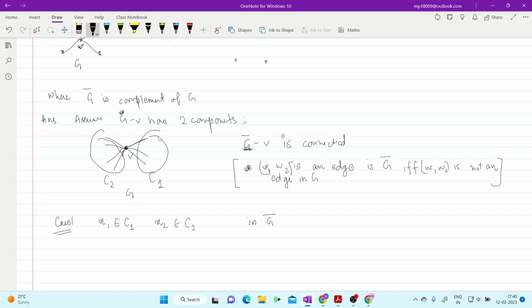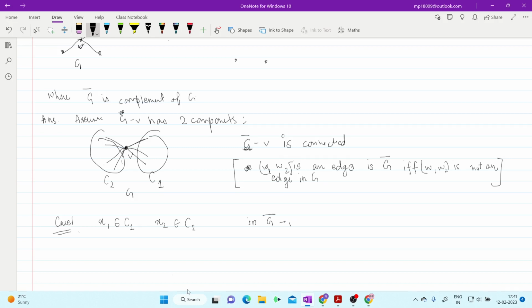We have to show that G bar minus V is connected. G was a graph in which V was a cut vertex, that is, after removal of V, this graph was getting divided into two components, C1 and C2. Now we are trying to show that G bar minus V is connected, so if we pick any two vertices, we can find a path. My case 1 is that I am picking one vertex from C2 and one vertex from C1. Can you see a path between x1 and x2 in G bar, the complement of G?